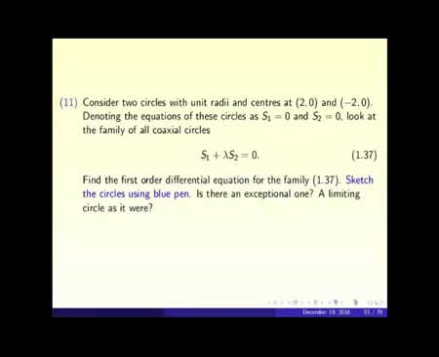Sketch the circles 1.37 with blue pen. And then, is there an exception? Is there a certain value of lambda for which this equation is not a circle? There is one value of lambda for which 1.37 is not a circle.